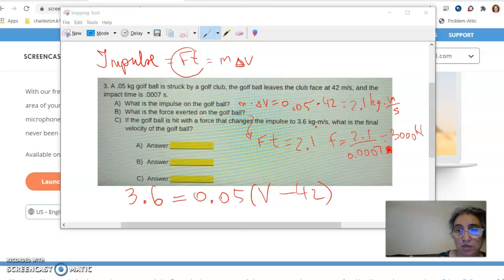However, if we assume we start over from fresh, the initial velocity would be 0. That would be a totally different situation.